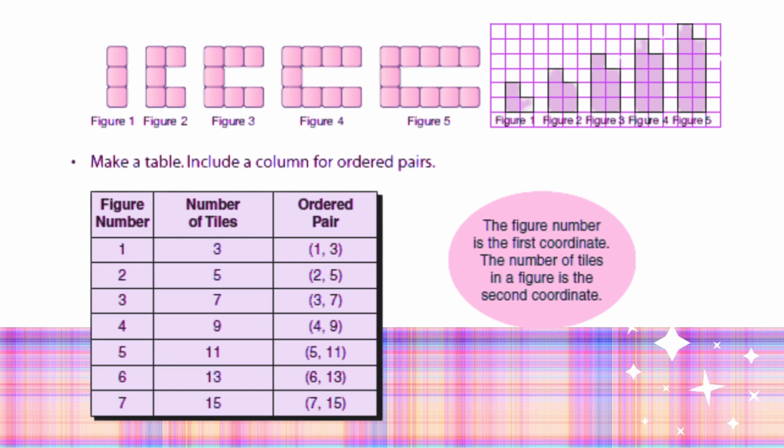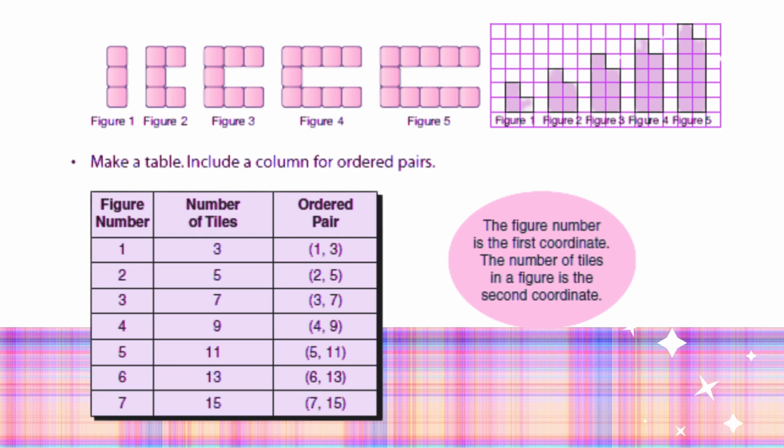We know that the figures start at 1 and increase by 1 each time up to the number 5. The number of tiles starts at 3 and increases by 2 each time up to the number 11. The ordered pair for each set of numbers would be 1 and 3, 2 and 5, 3 and 7, 4 and 9, and 5 and 11.